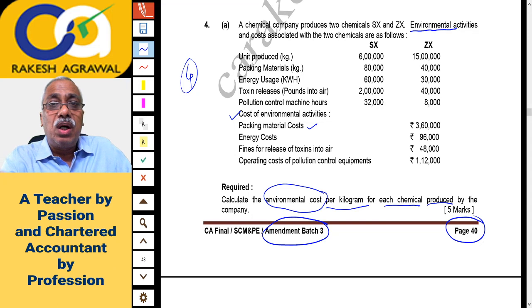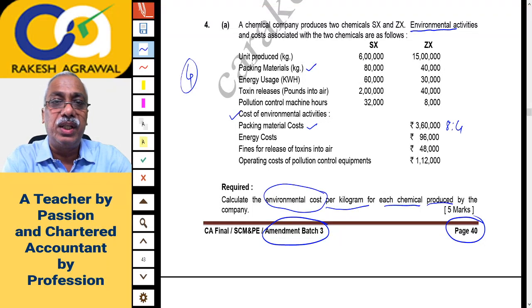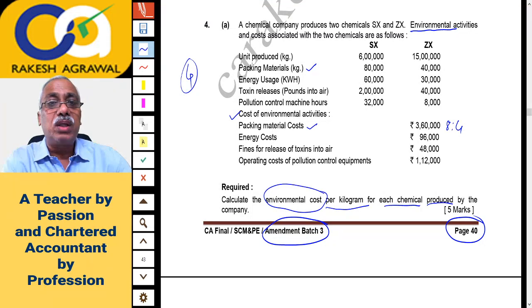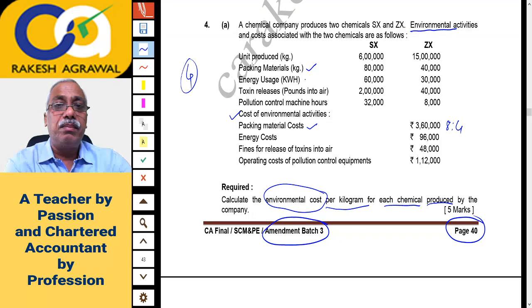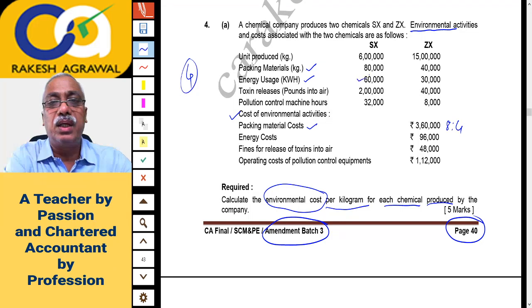Packing material cost will be shared in the ratio of how much packing material you have used, that is 8:4, that is 80:40 or 2:1. Then energy cost 96,000 will be shared in the ratio of energy usage, that is 6:3, again 2:1.